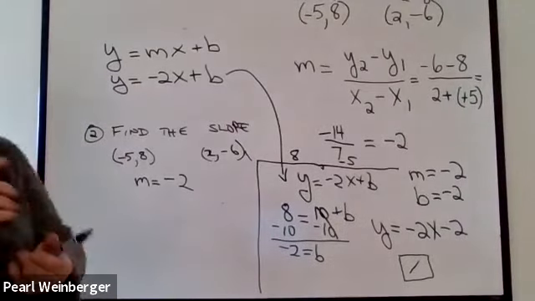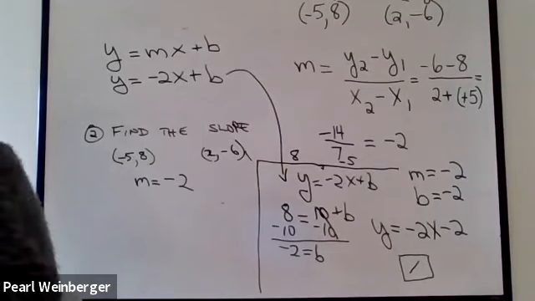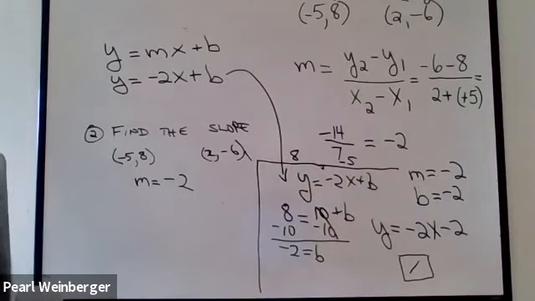Okay, so now we did these 2 problems. I want to just go through and see what I had. What were the other types of questions we had on Delta Math? And the slope of parallel and perpendicular lines.